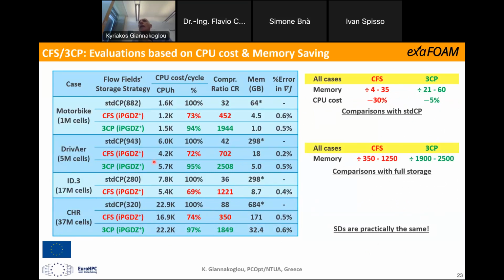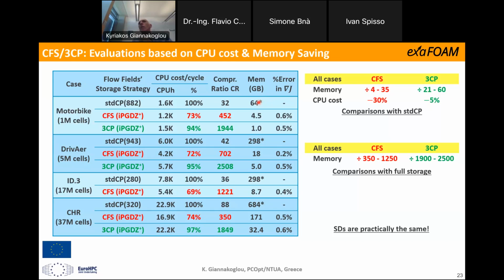This is a table in all these cases that compares CFS and 3CP, the 2 compression algorithms we have devised, with standard checkpoints. And here within the parentheses, you see the number of checkpoints. How have we defined the number of checkpoints? We defined, in some cases arbitrarily, the maximum allowable memory on our system.